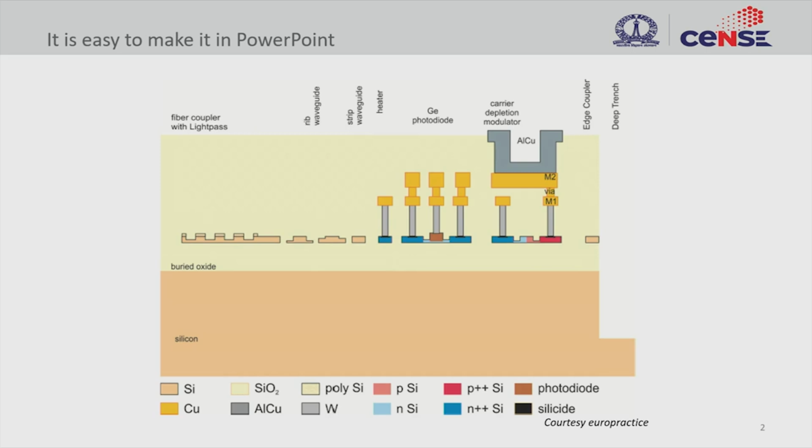So what you see here is a cross-section cartoon of what one would like to have. For instance, you take a silicon on insulator, called SOI, wafer, where we make active devices in one layer. So you can see just different etch depths, right, and realizing various devices.